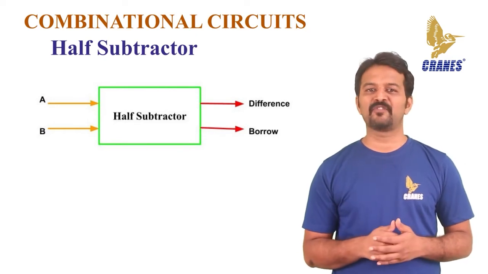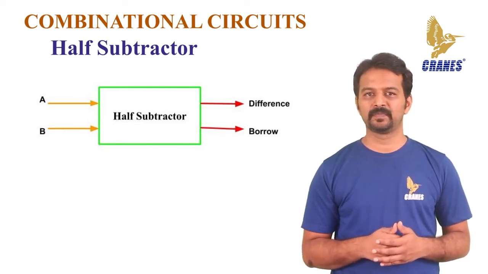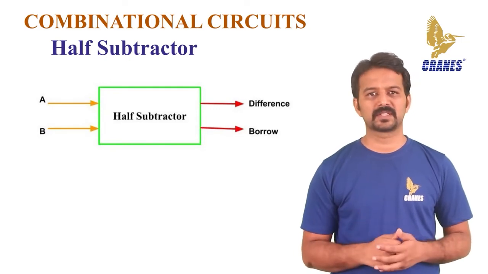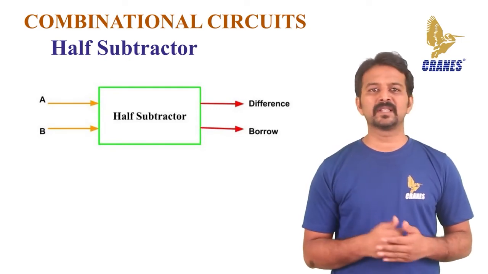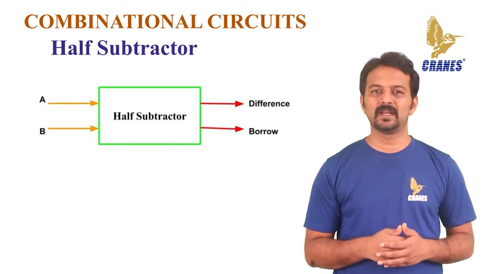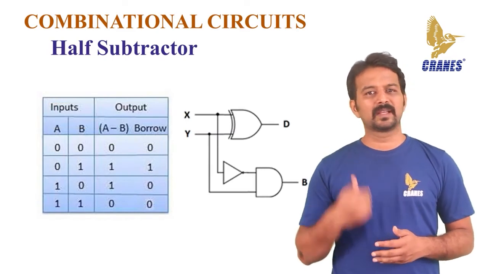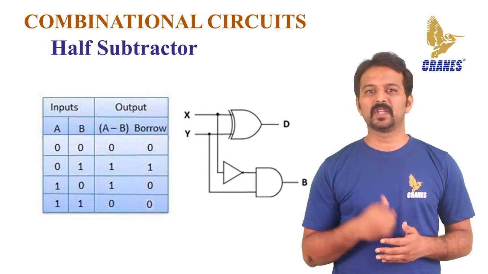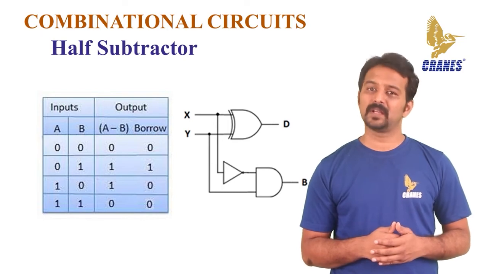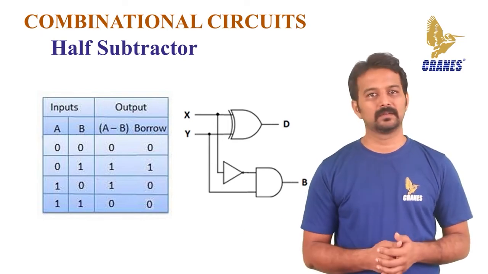The designing of a half subtractor can be done by using logic gates like the NAND gate and the XOR gate. In order to design this half subtractor circuit, we have to know the two concepts, namely the difference and the borrow. We can clearly see from the truth table that the operation executed by this circuit is accurately related to the XOR gate operation.